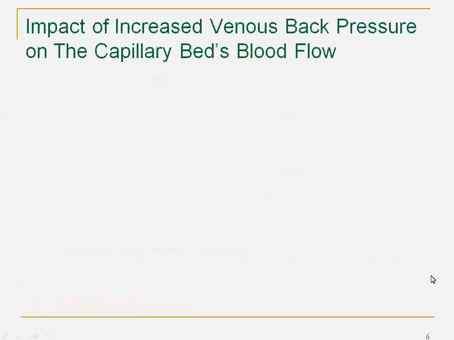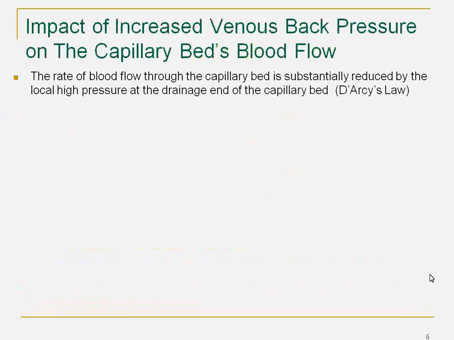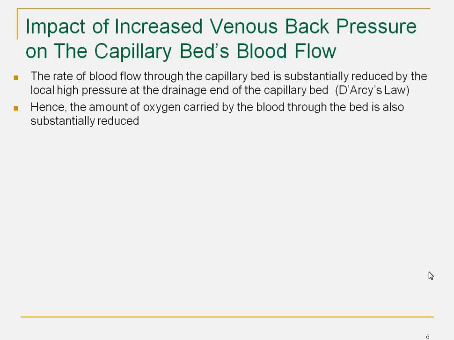So what's the impact of the back pressure in the vein on the blood flow through the capillary bed? The rate of blood flow through the bed is substantially reduced by local high pressure at the drainage end. That's according to Darcy's law. If the amount of blood flowing through the brain capillary bed is reduced, therefore the amount of oxygen carried is also reduced.